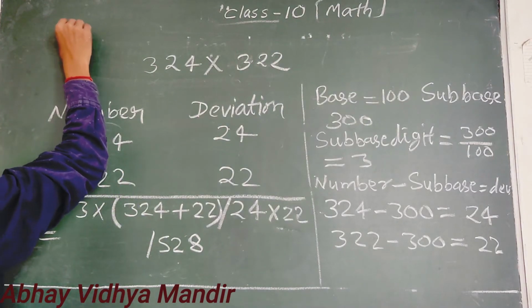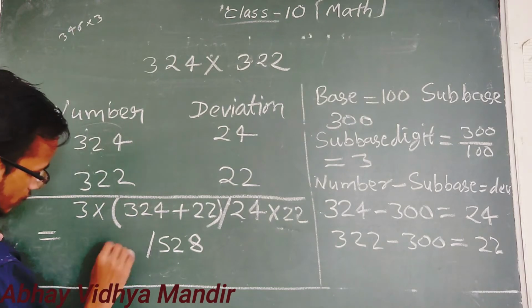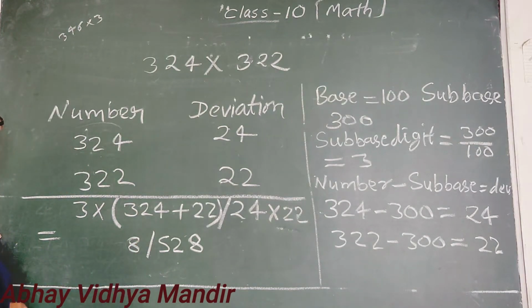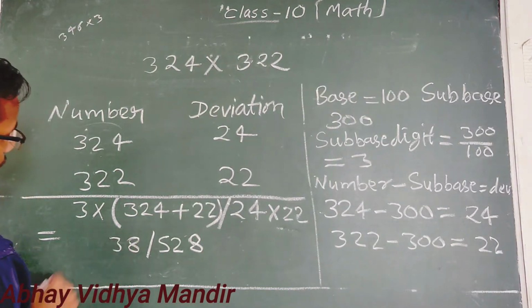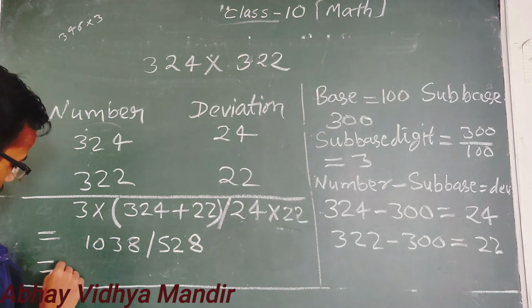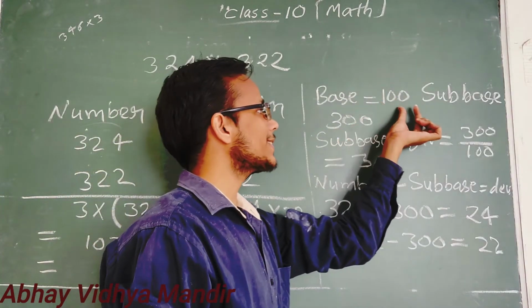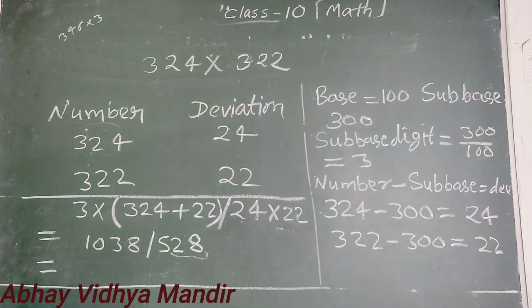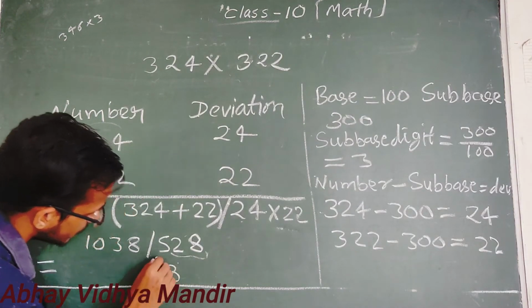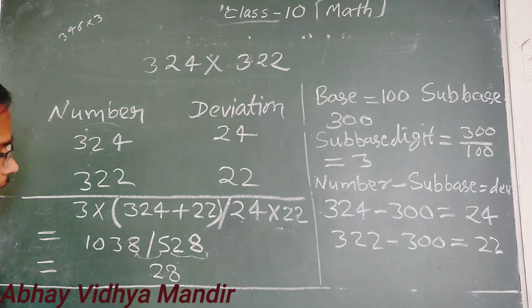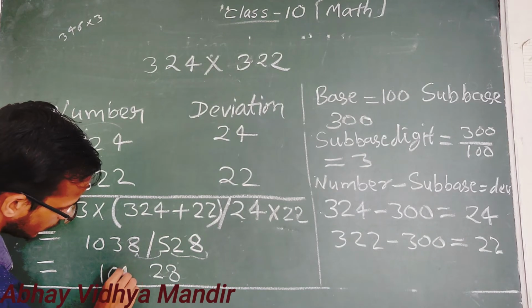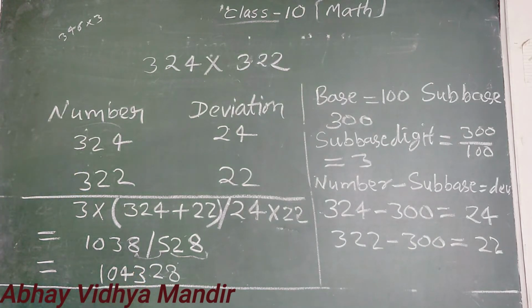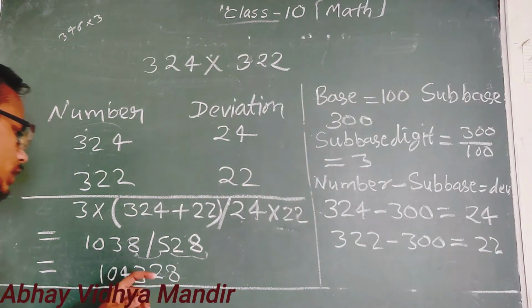So the answer is 8, and this is 12, and 3 and 9, 10. Okay. Now what is the base? Base is 100. So use two-digit pairs. So 28, and 5 is carried to here. If you carry 5 into this, what does it become? 1043. Okay, so this is your answer.